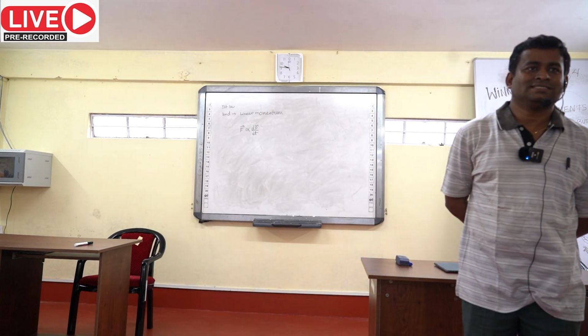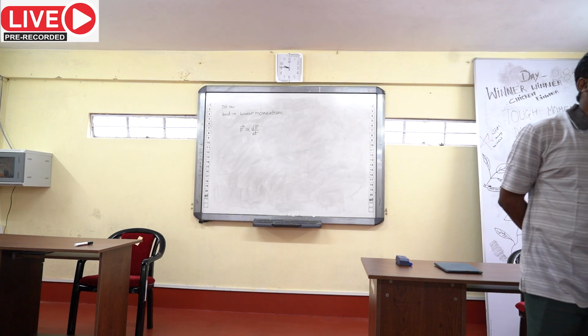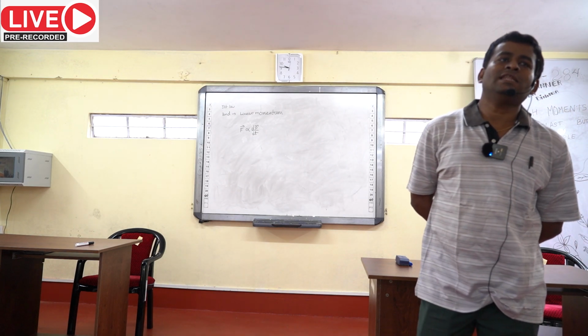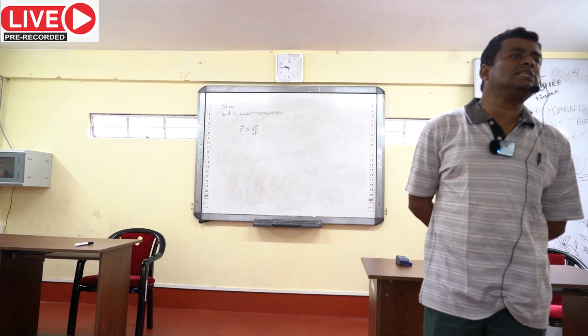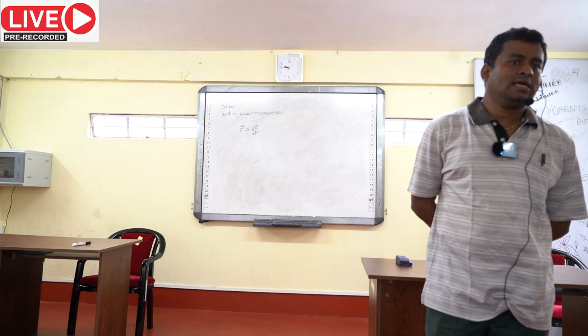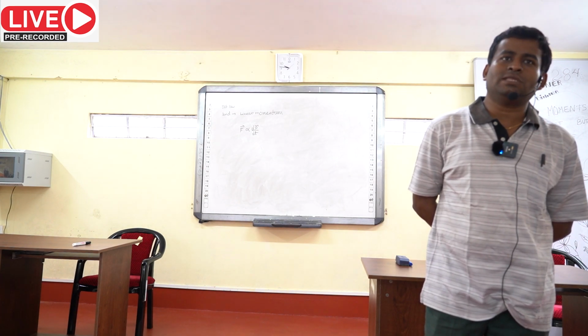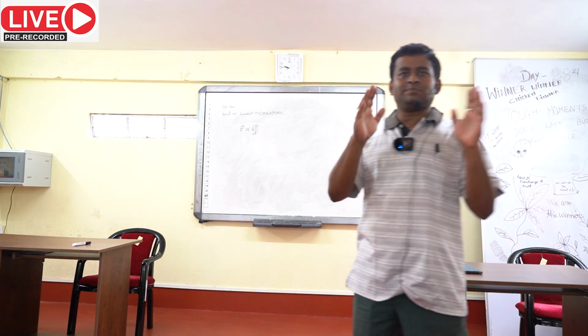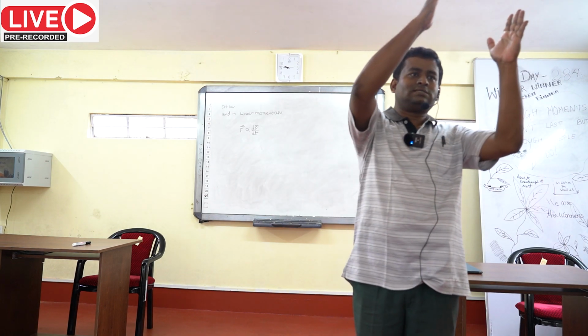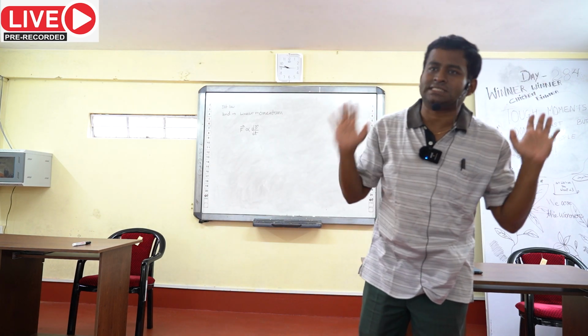Okay. See. How many of you know about Galileo's experiment from the Leaning Tower of Pisa? Galileo performed one experiment from the Leaning Tower of Pisa. In Italy's Pisa, there is a tower which is somewhat bent, called the Leaning Tower of Pisa.